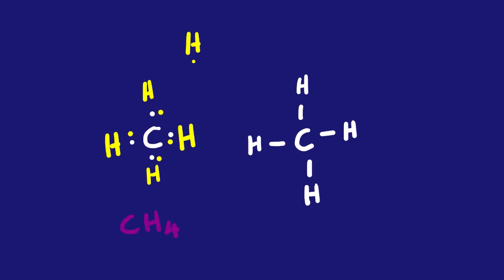Now we can use case number 2. For case number 2, we can put another carbon here, and then we have those single bonds. In this case, we can also use hydrogen.